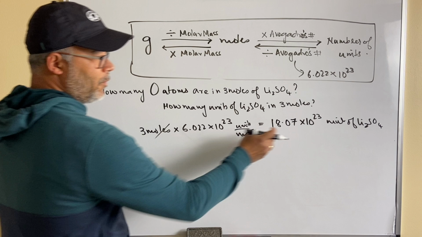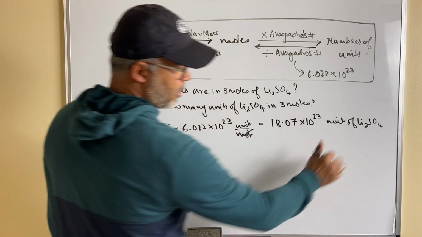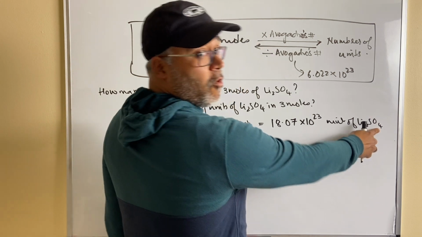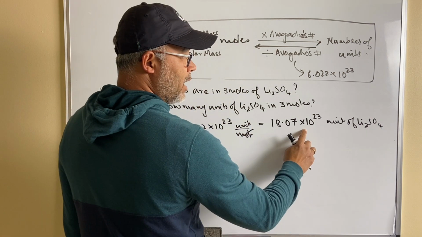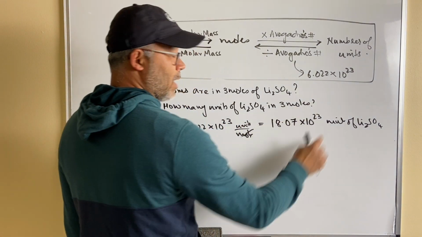All right. Now that we have these many molecules, now look at it. Within each molecule, how many oxygen atoms are there? Within one of them, there's actually 4. So if there are these many, the number of oxygen atoms is going to be 4 times these many.